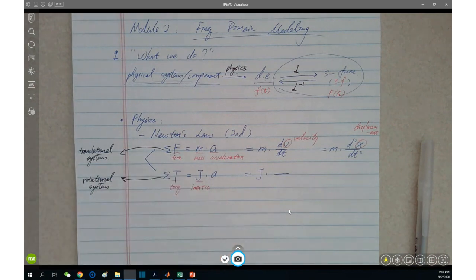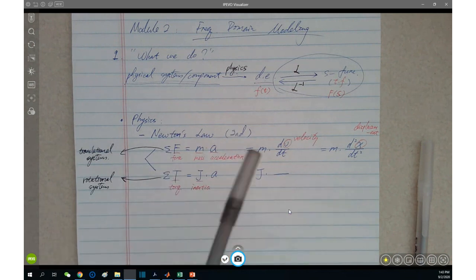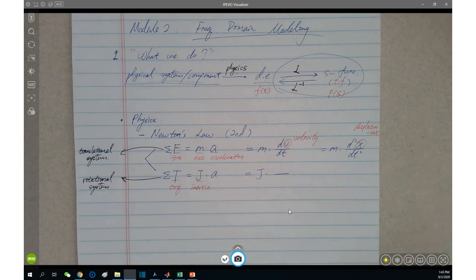So that's why we have two different versions. In a rotational system, the acceleration is not the derivative of the horizontally moving linear velocity. It's still a velocity. What is it?